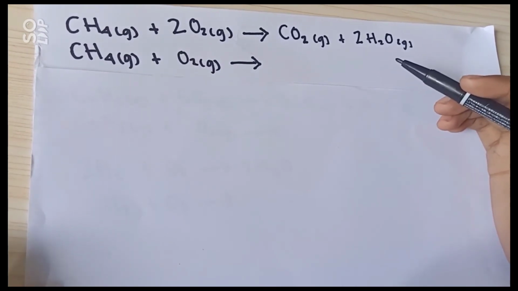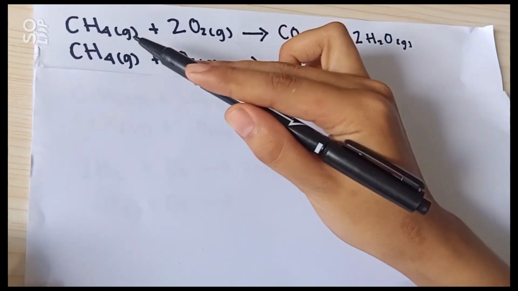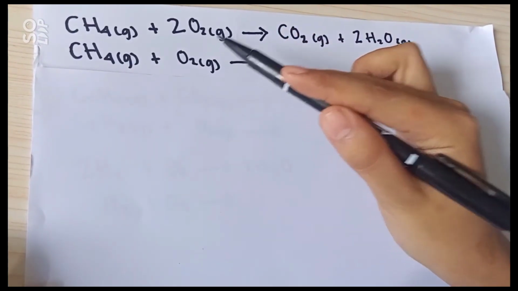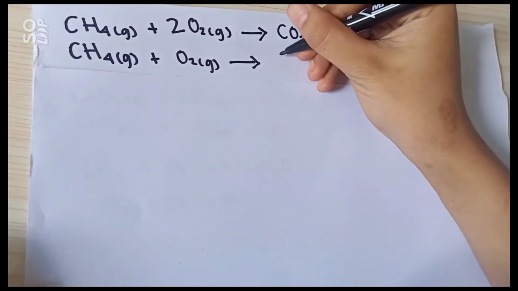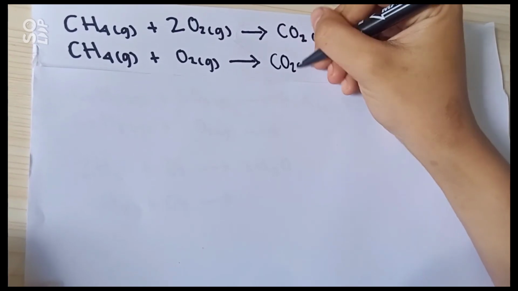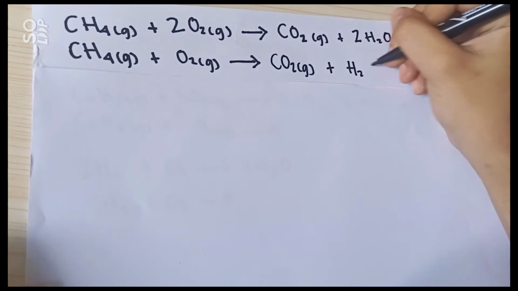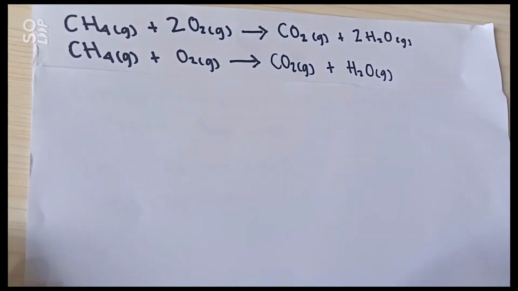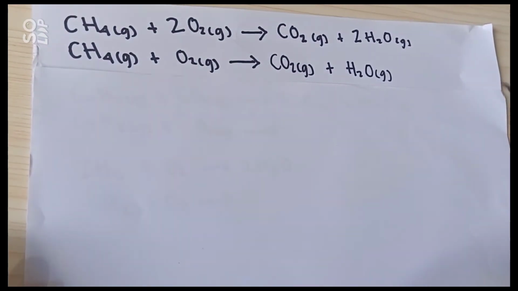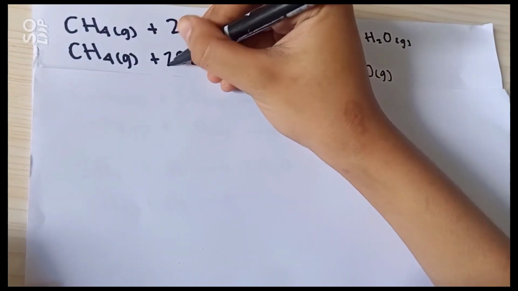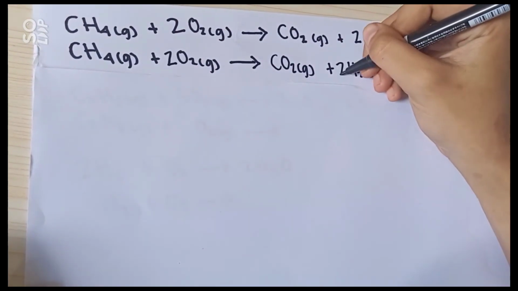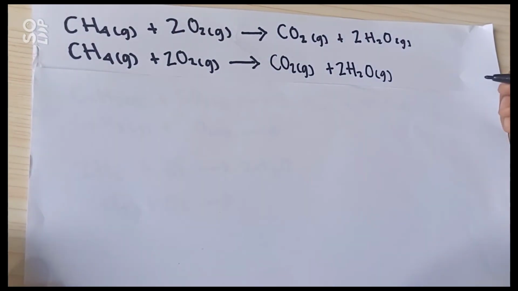Since the equation involves hydrocarbon reacting with oxygen, the product will be carbon dioxide gas and water. And we need to put two coefficients here and 2 here to balance the equation.